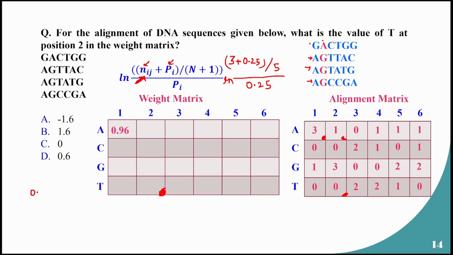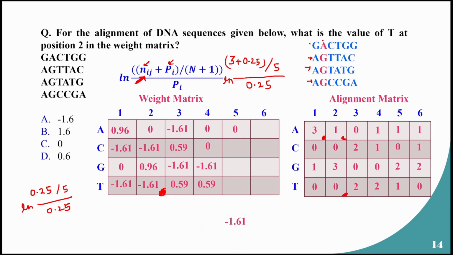So basically you will be left with 0.25 divided by 5, again divided by 0.25, and then you have to calculate the logarithm of that. What is the answer here? If you do the calculation, the answer should come at around minus 1.61.